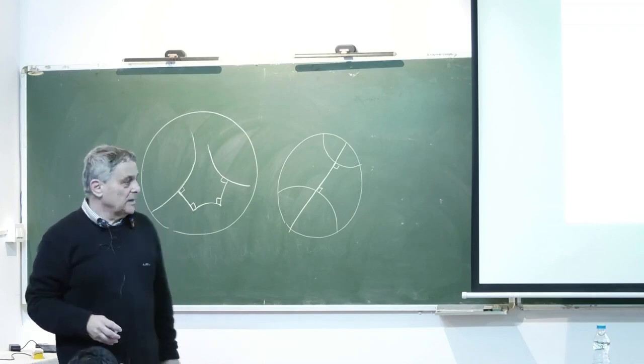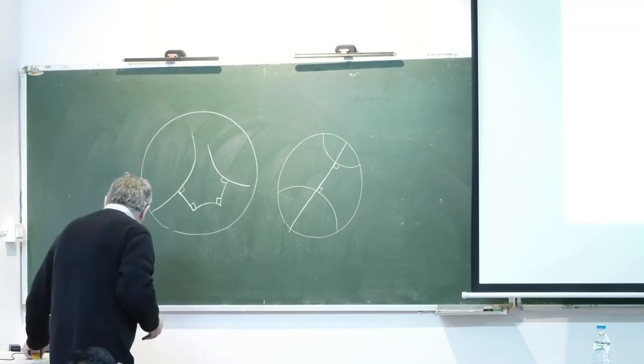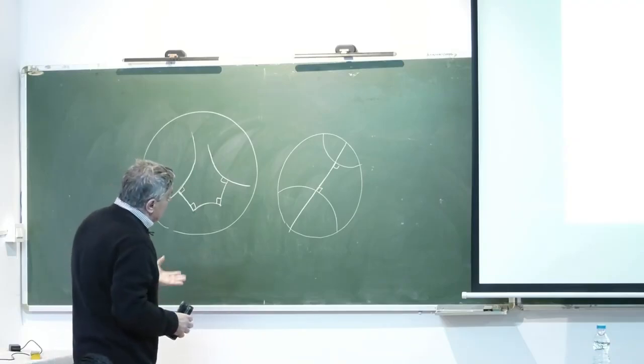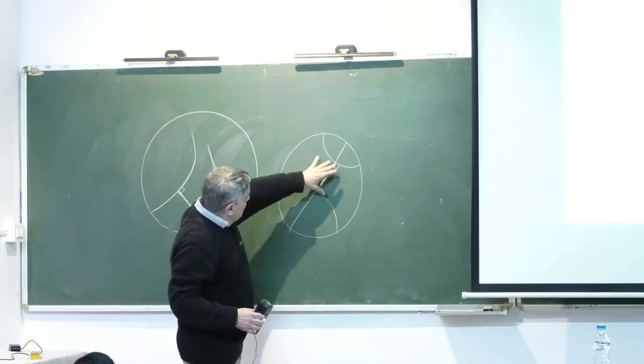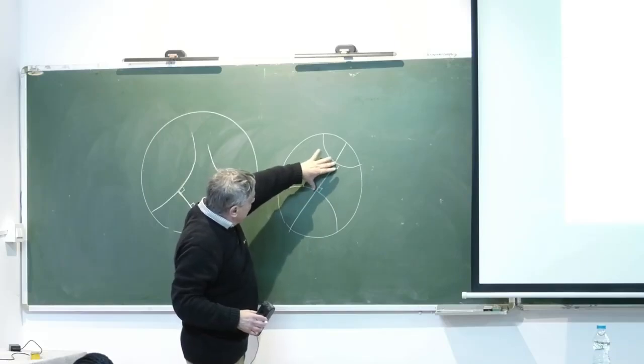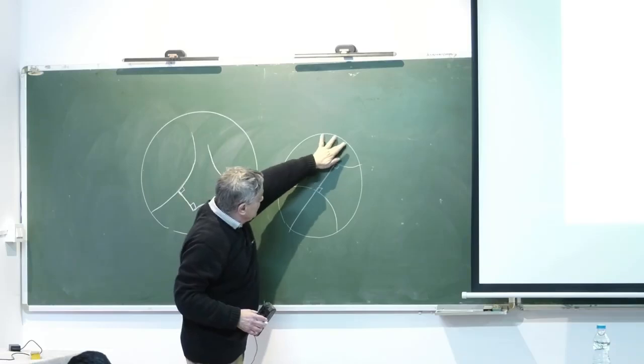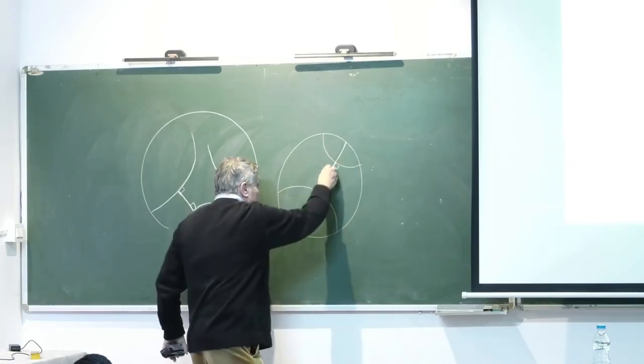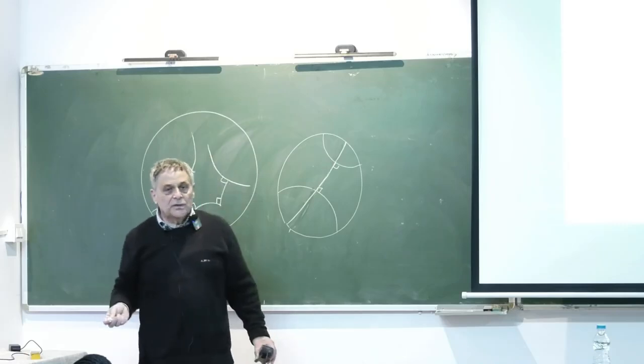This is one of the things you need to know in hyperbolic geometry. You can think of the fact that there's a shortest line between them, and you extend this shortest line, and you find this geodesic.